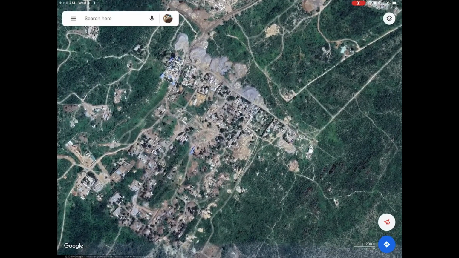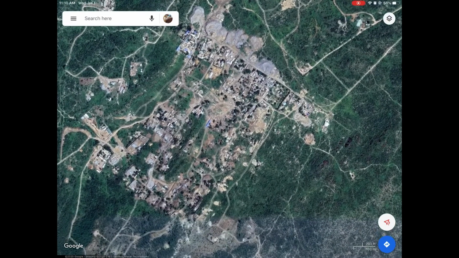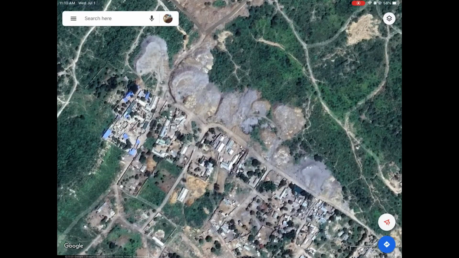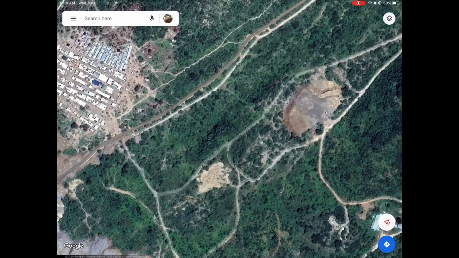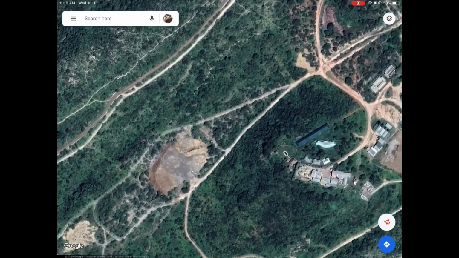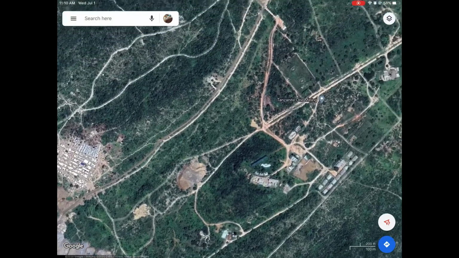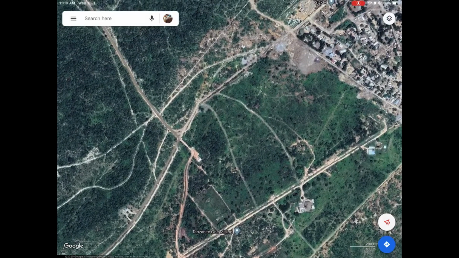You can see some overburden, those heaps of excavated land. You can see the existing towns nearby, and probably those towns have popped up as a result of the mining that is ongoing.